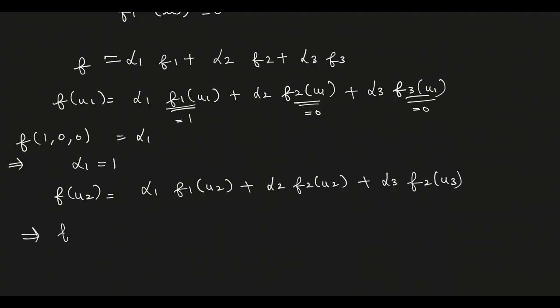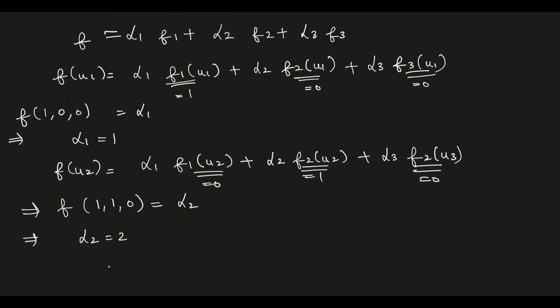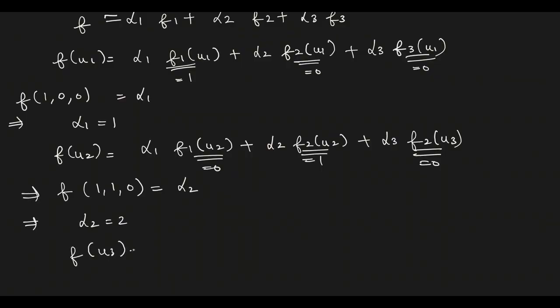From here f(u2) is f(1,1,0). This is 0, this is also 0, this is 1, alpha 2, a plus b plus c, alpha 2 is 2. Now lastly f(u3): alpha 1 f1(u3) plus alpha 2 f2(u3) plus alpha 3 f3(u3).